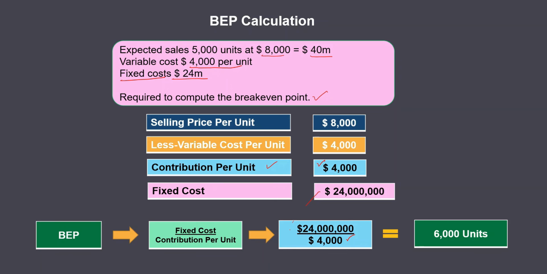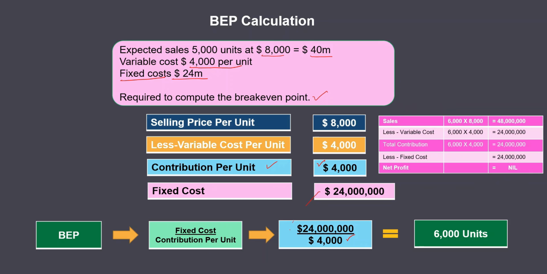Now let's cross-check the answer. If you sell 6,000 units at 8,000 per unit, that is the selling price, you will make 48 million in sales. Sales revenue will be 48 million. How much is your variable cost? Variable cost per unit is 4,000 and break-even sales units are 6,000, which will be 24 million.